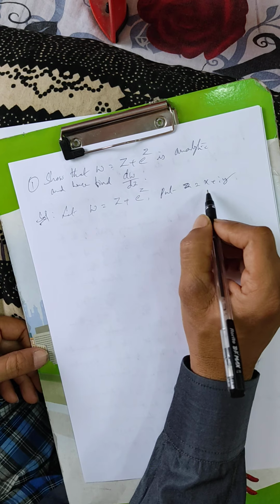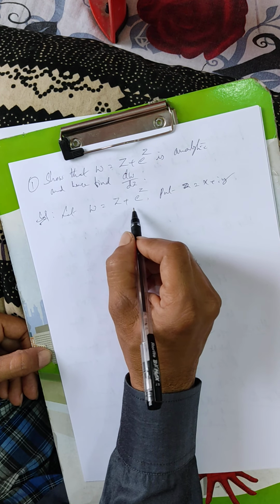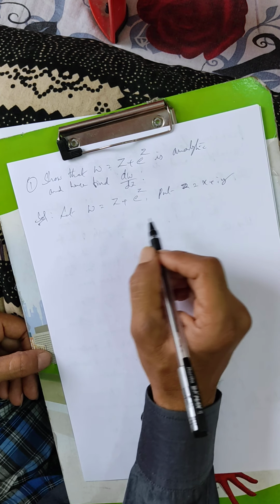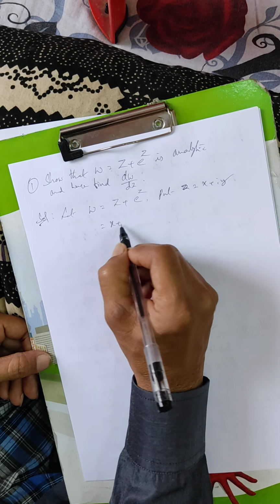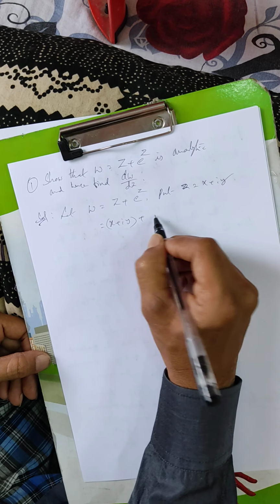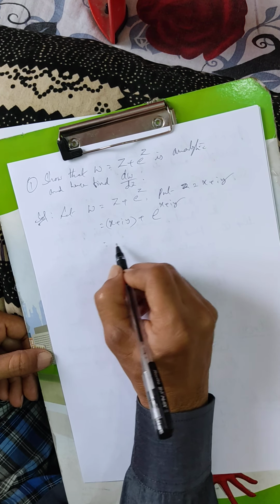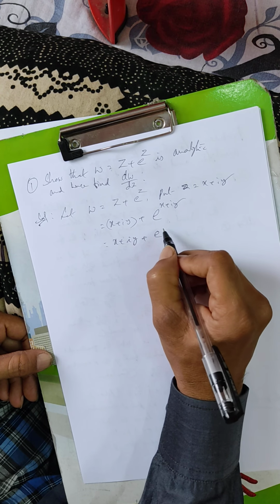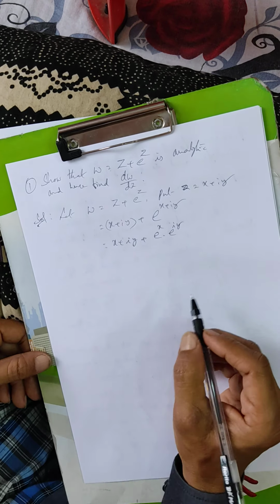So you can substitute z equals x plus iy, and by substituting x plus iy we can separate the real part u and the imaginary part v, that is the u plus iv form. So now it is equal to x plus iy plus e power x plus iy, which can be written as e power x into e power iy.